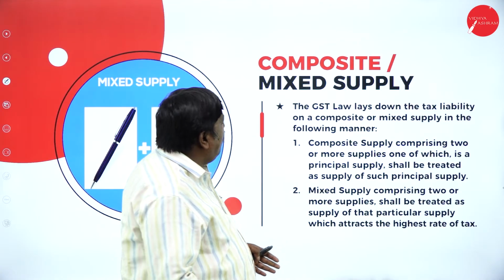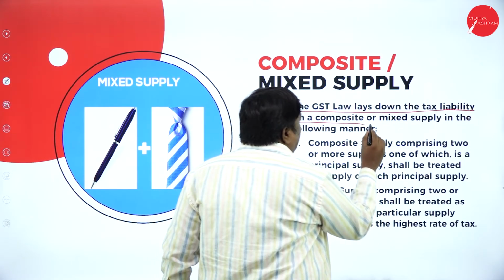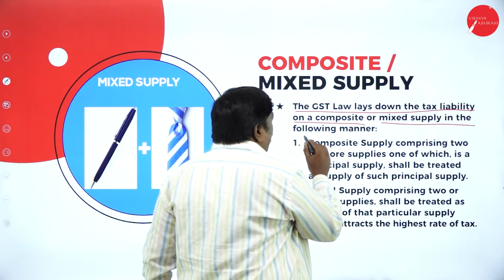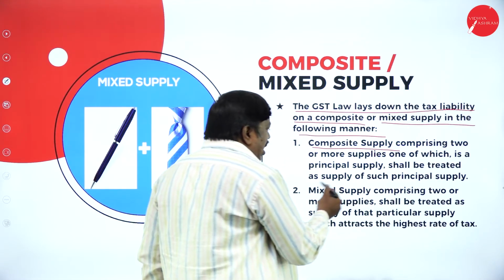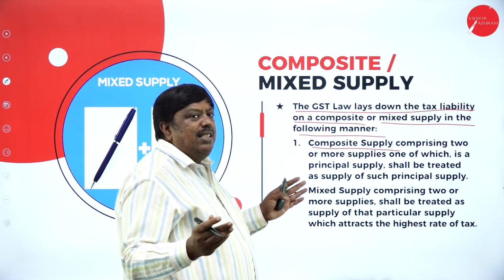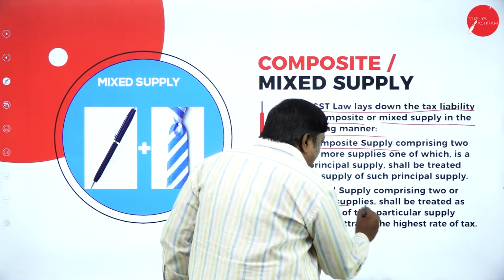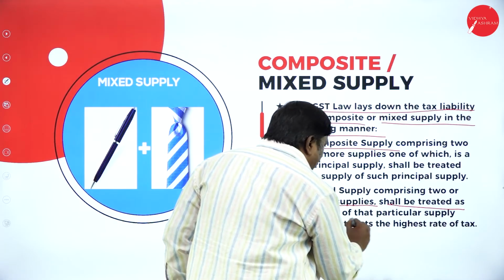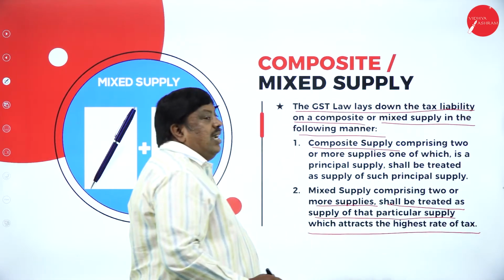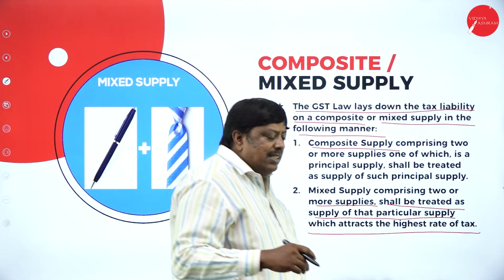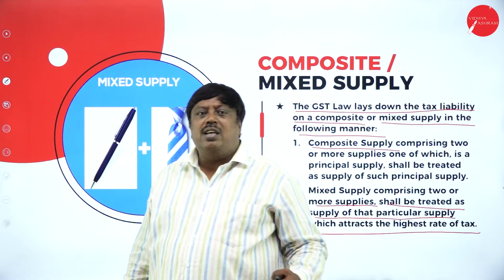Composite supply and mixed supply. The next concept we have here: the GST law lays down the tax liability on a composite supply and mixed supply in the following manner. Composite supply comprises two or more supplies, as I have already said, where both the things have been added in a single concept. Mixed supply comprising two or more supplies shall be treated as supply of that particular supply which attracts the highest rate of GST. In mixed supply, we are selling more than one product or goods.